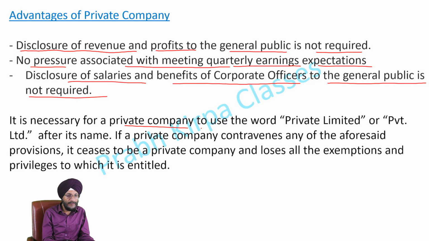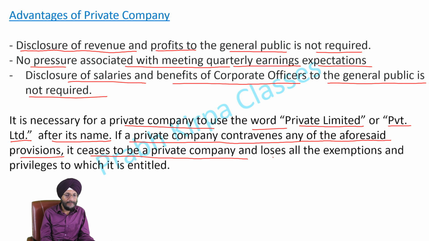It is necessary for a private company to use the word private limited or pvt. ltd. after its name. If a private company contravenes any of the above provisions, it ceases to be a private company and loses all the exemptions and privileges to which it is entitled.